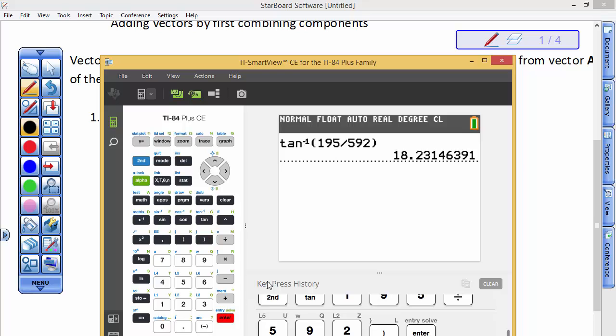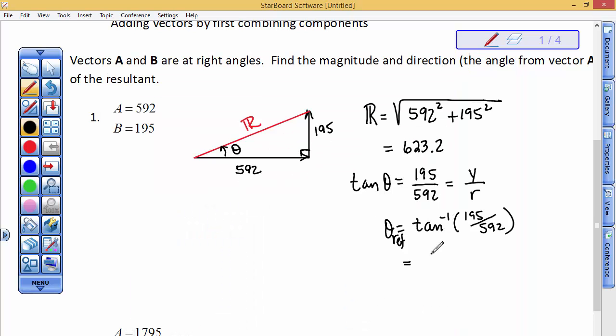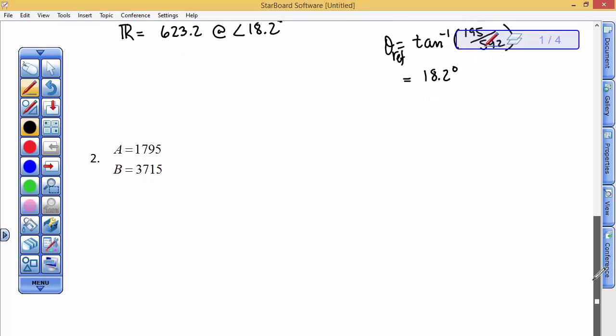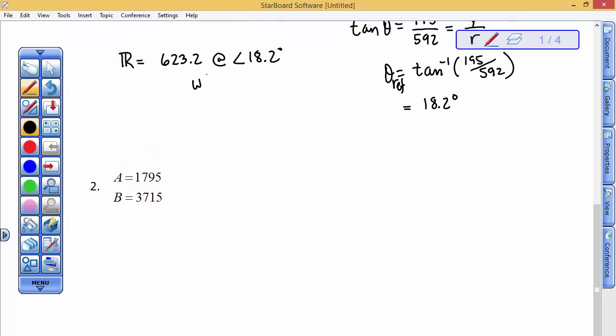And I'm all set. So 18.2 degrees. This is my solution to this problem. It is magnitude of 623.2 at an angle of 18.2 degrees with respect to A. So I'm going to go ahead and say that as well.